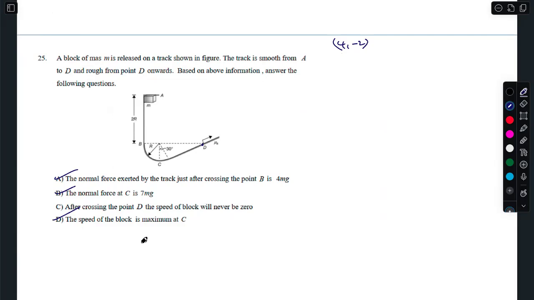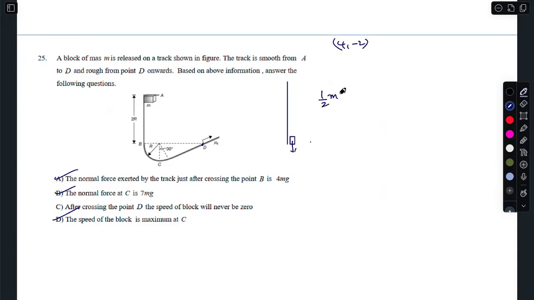Normal force exerted by the track just after crossing B. See, now this is a circular track. Please try to understand by the time you reach B here at this point, you are experiencing a gain.